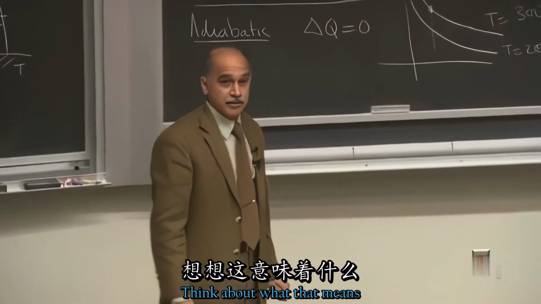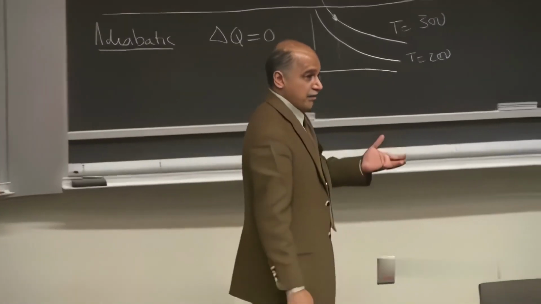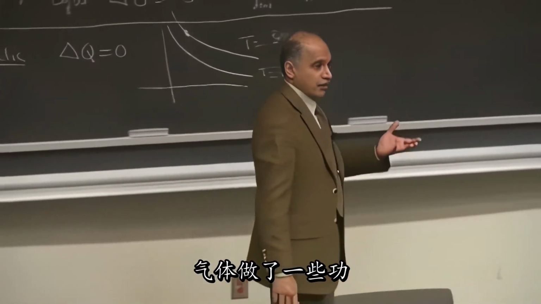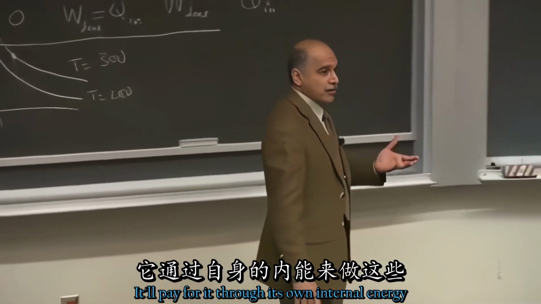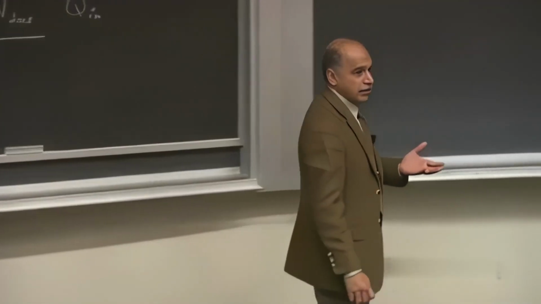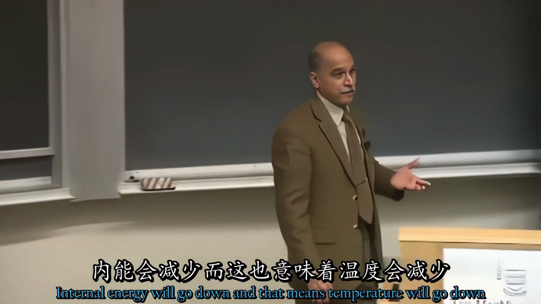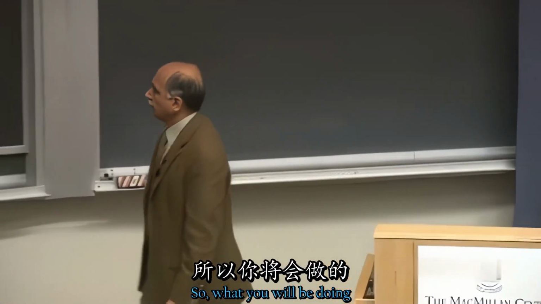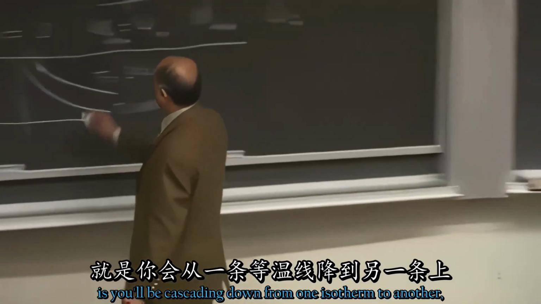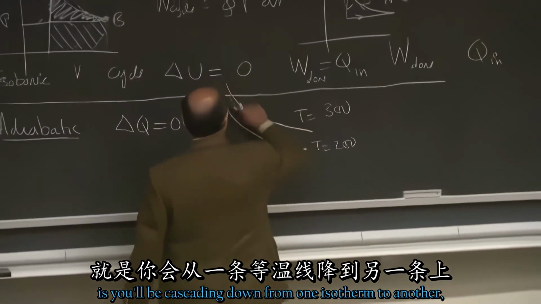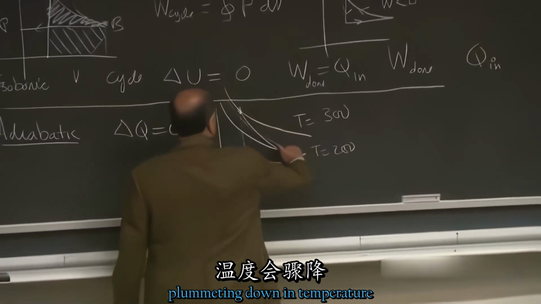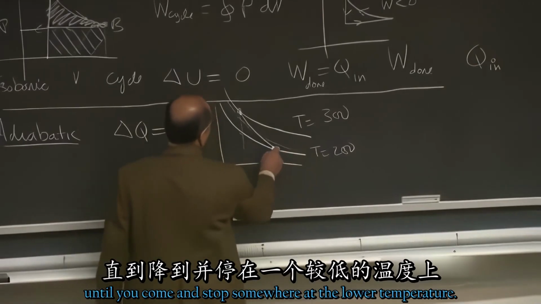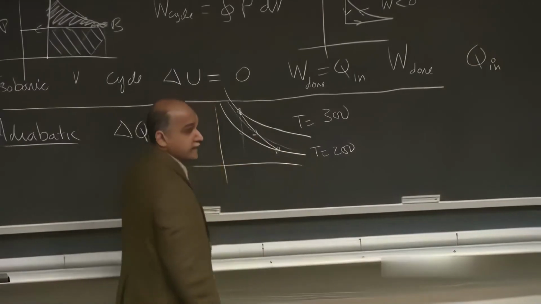Think about what that means. Gas is pushing the piston. Gas is doing some work. It will pay for it through its own internal energy. Internal energy will go down, and that means temperature will go down. So you'll be cascading down from one isotherm to another, plummeting down in temperature till you come and stop somewhere at a lower temperature.